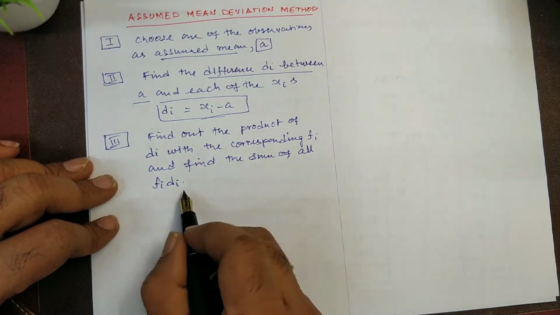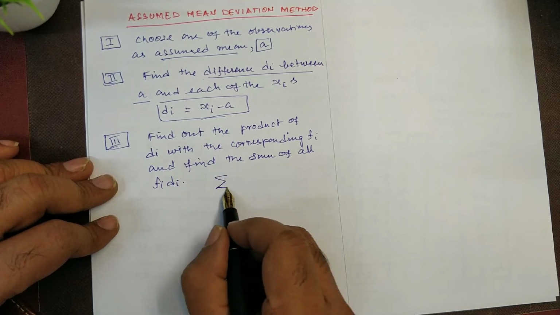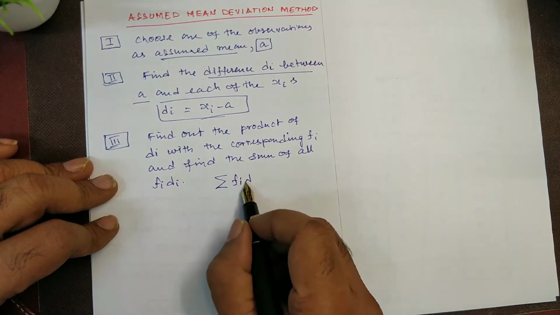That is, we have to find out the sum of fi di.